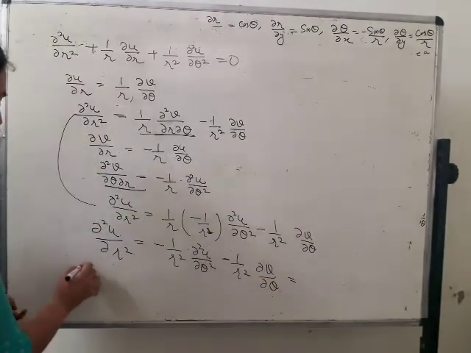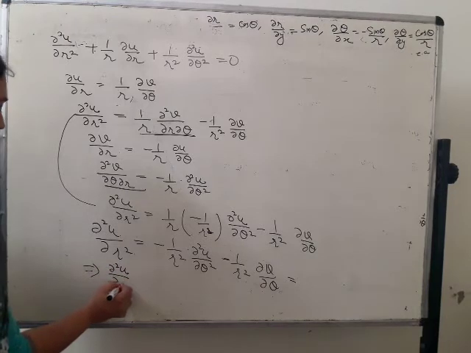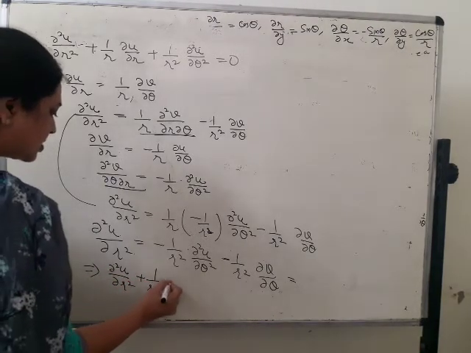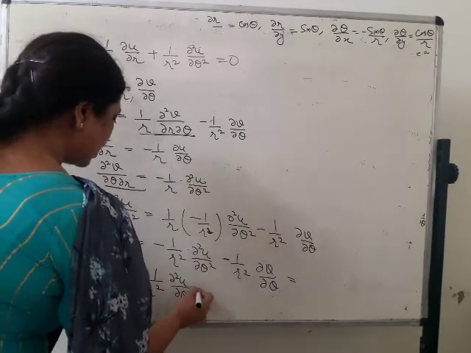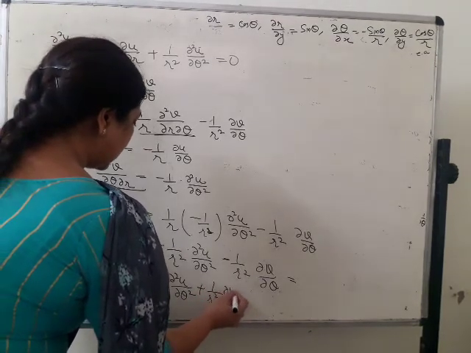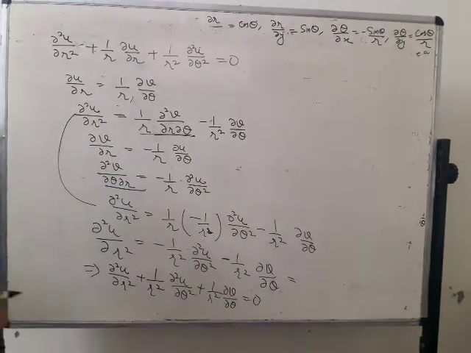That implies ∂²u/∂r² plus 1/r² ∂²u/∂θ² plus 1/r² ∂v/∂θ is equal to 0.